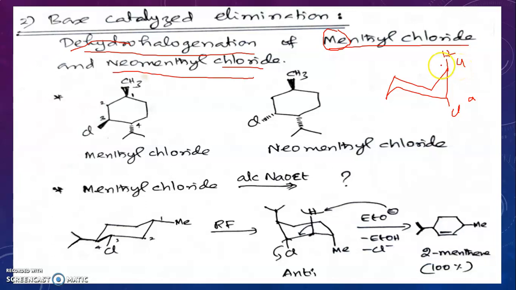Are you able to follow? So, since it is an E2 elimination reaction, the groups that are going to be eliminated should exist in anti-periplanar form. This anti-periplanar form is possible if the two groups are oriented in an axial manner. Are you able to understand?